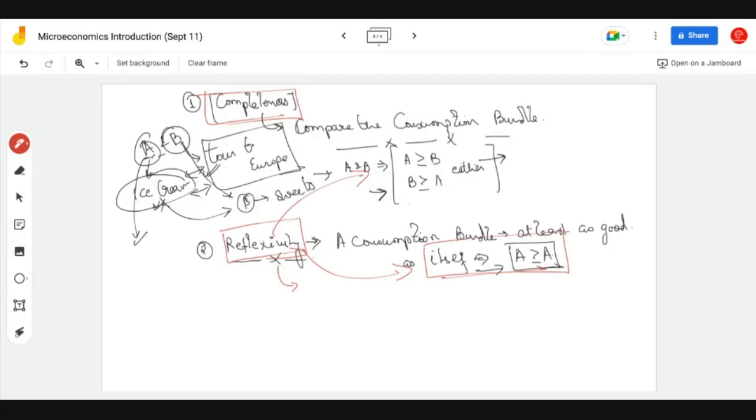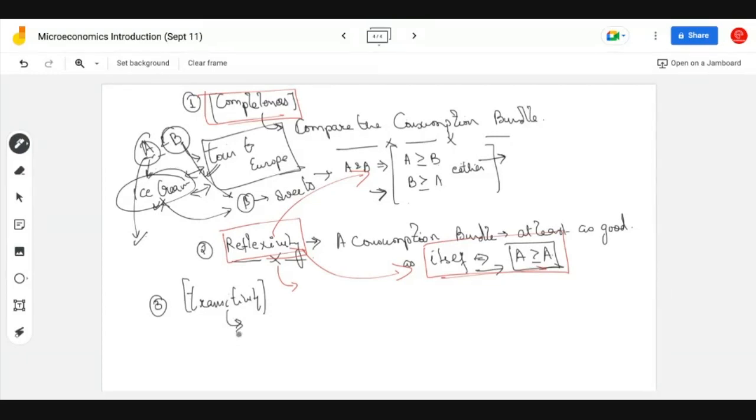And sometimes, if you look at some books, they also talk about monotonicity, which we'll be covering at a later stage. Okay. So the next is transitivity.